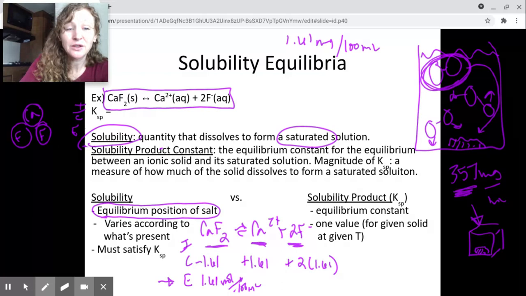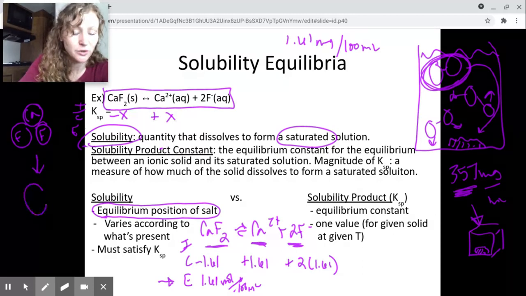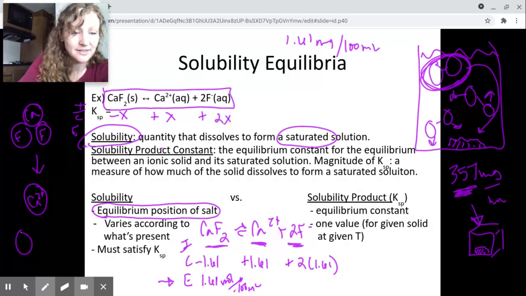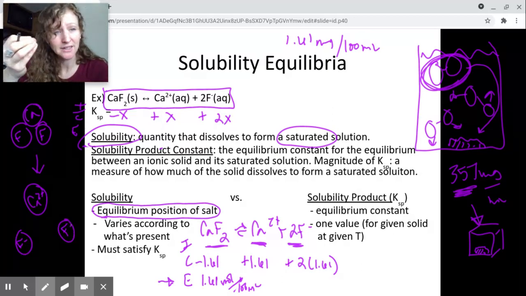If I lose 1 calcium fluoride, I'm going to gain a calcium ion, right? It's going to break up into a calcium ion and 2 fluoride ions, because that's on my unit.